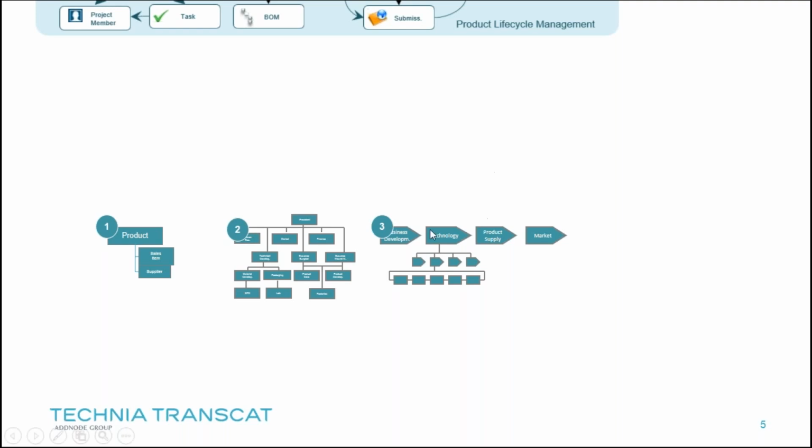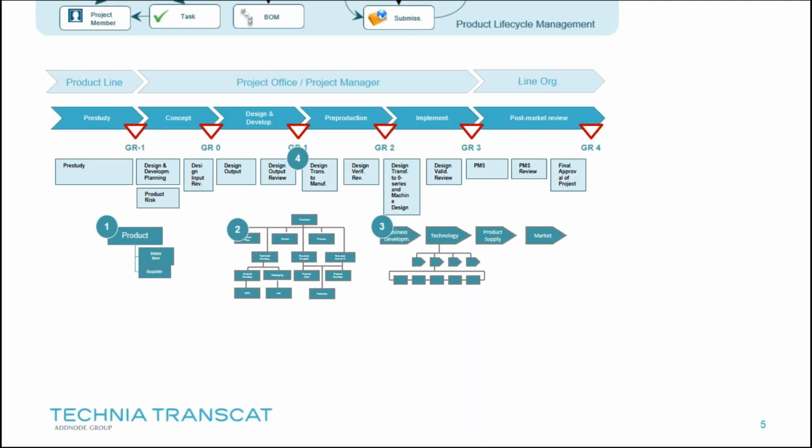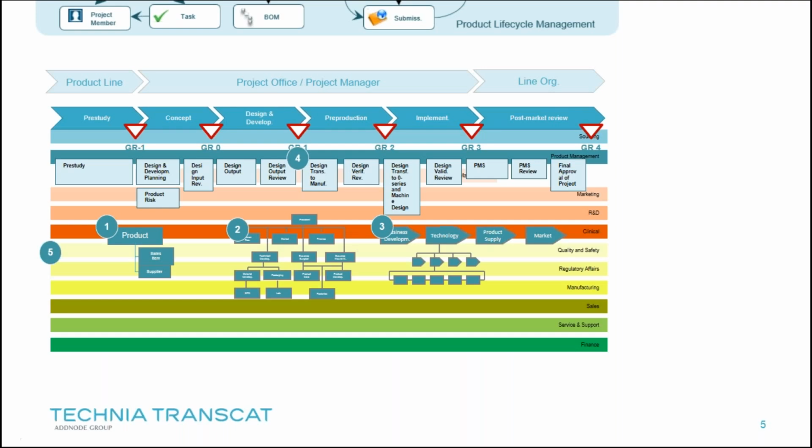And of course, we need to implement the different processes according to our setup for the QMS. And this often includes complete setup of a stage gate process with different gate reviews and the complete model for design controls.